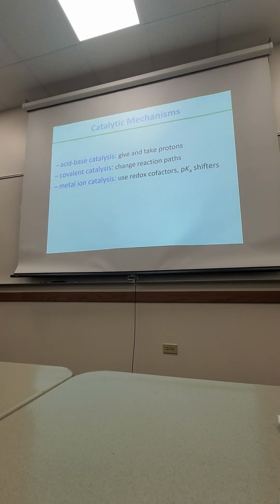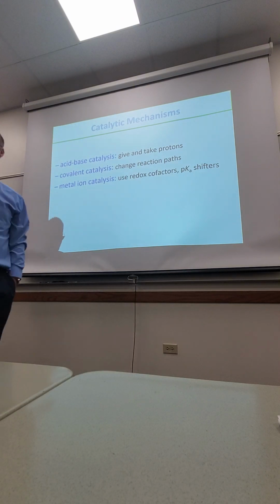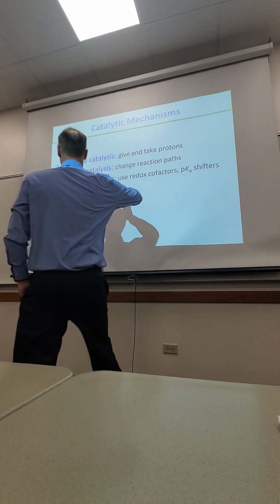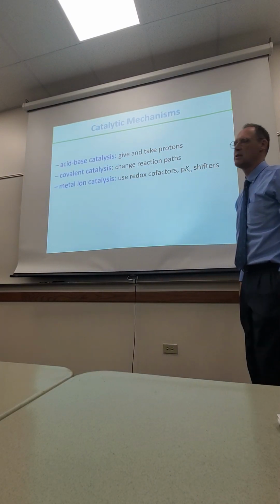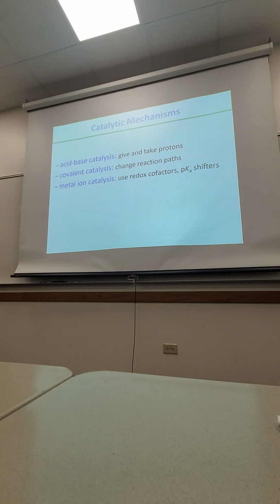There are 3 types of catalytic mechanisms that we will highlight in our 481. We will be highlighting acid-base catalysis, covalent catalysis, and metal ion catalysis. Acid-base catalysis is fairly straightforward. It just says I'm getting a proton or donating a proton or receiving a proton. That's acid-base, okay?